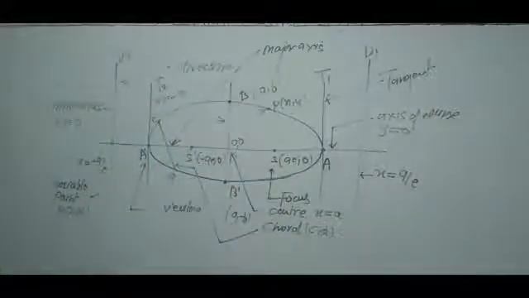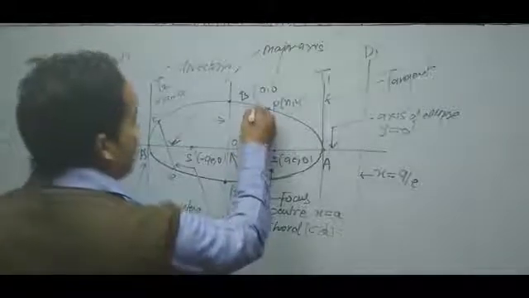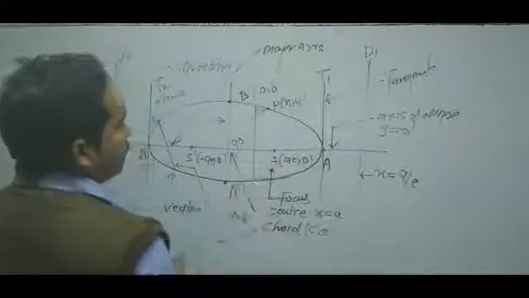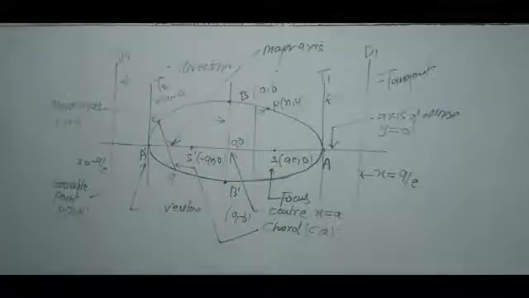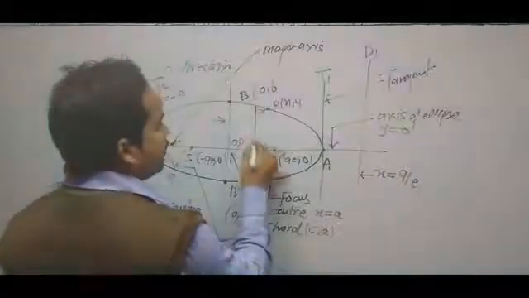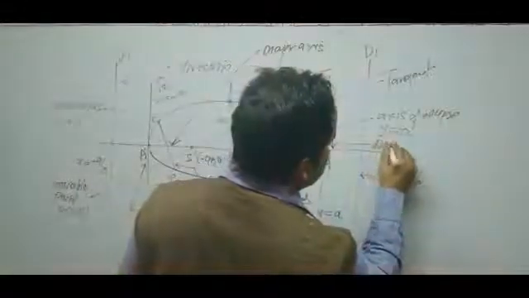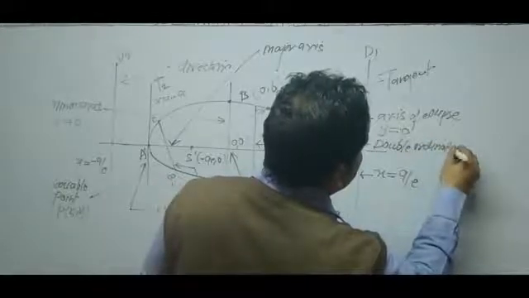And what is a double ordinate? A double ordinate is a line parallel to the y-axis that doesn't pass through the focus, perpendicular to the x-axis and parallel to the y-axis. This line is the double ordinate.